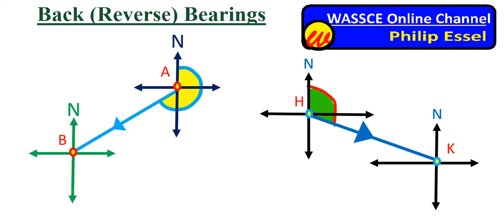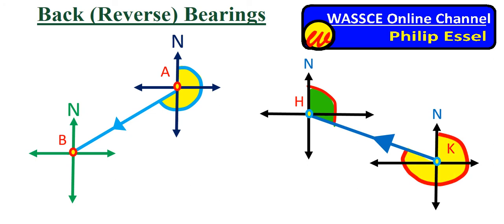Remember, we are moving from H. Let's do the back bearing, which is the bearing of H from K. So this time around we are moving backwards, but we are starting from K to H. So we would go to the north pole of the point K and we will count clockwise until we meet the blue line, which will be indicated by this yellow angle.